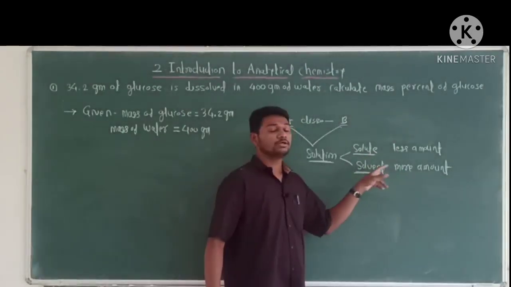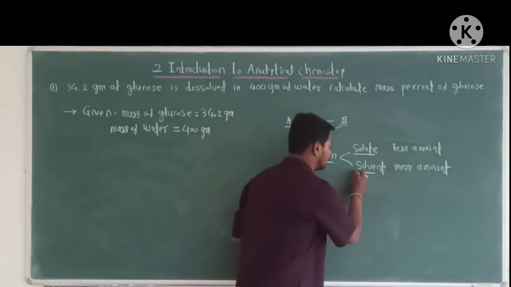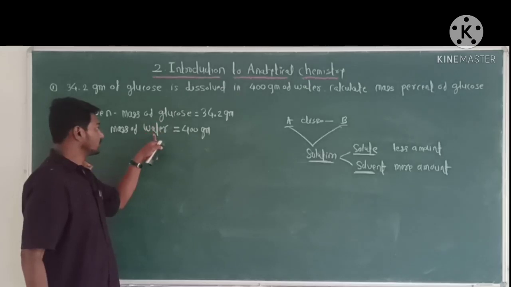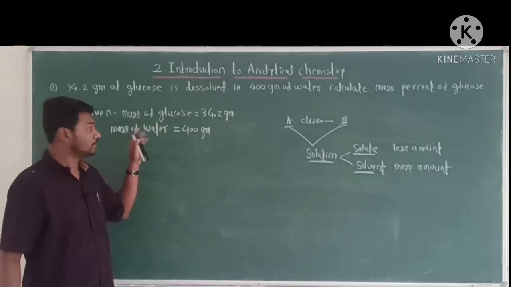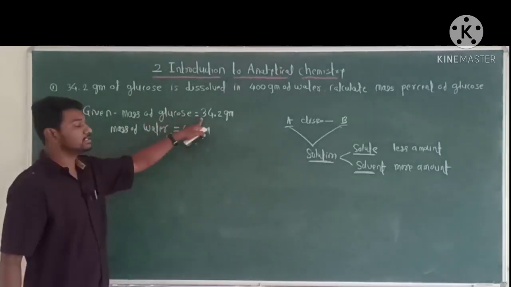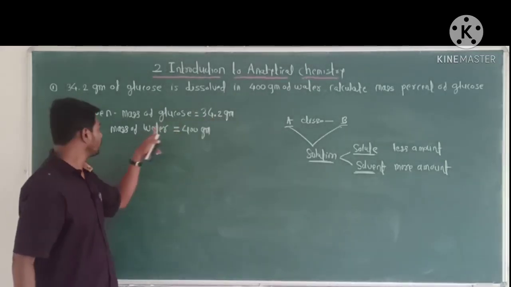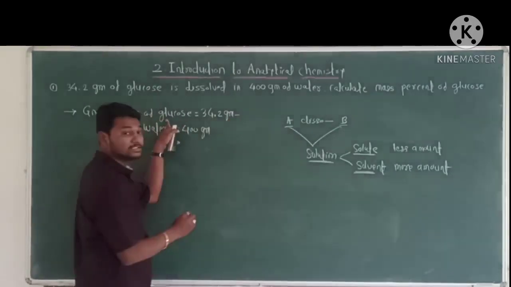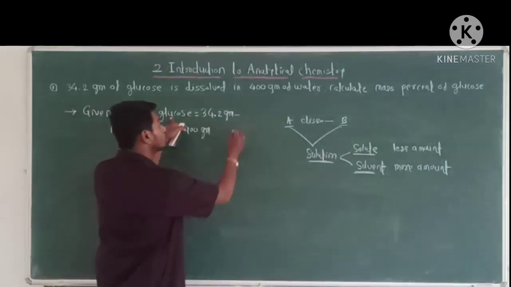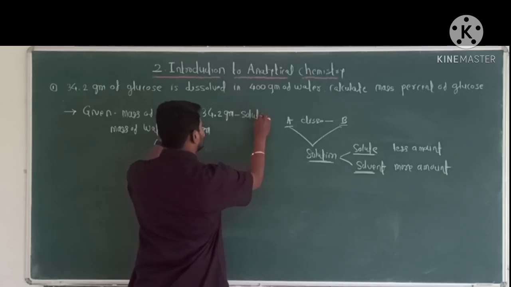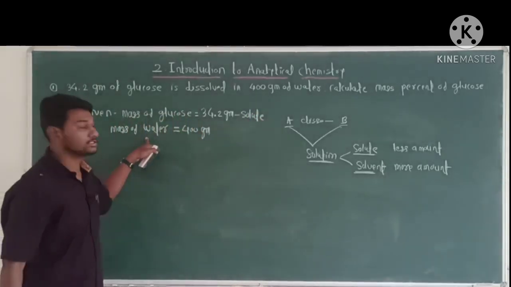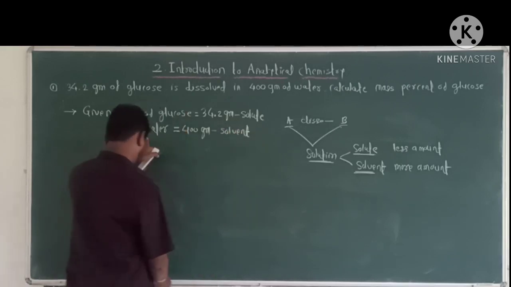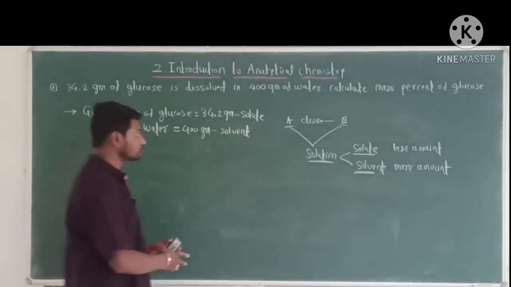Now here, glucose plus water, that is glucose solution. In this glucose solution, glucose present is 34.2 gram and water present is 400. Glucose is present in a lesser amount, that means glucose is the solute and water is the solvent.